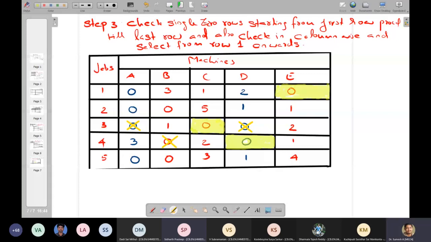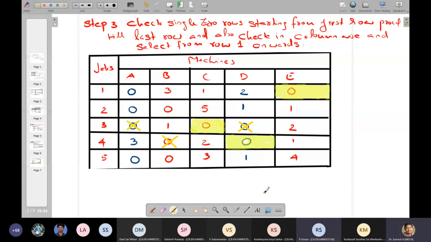Okay. Sir, a small question. Yes, please. Sir, why are we not cutting zeros in row 3? Why are we not cutting 0 at C and D instead of A? Why should it be only this way, cutting zeros at A and D in row 3?